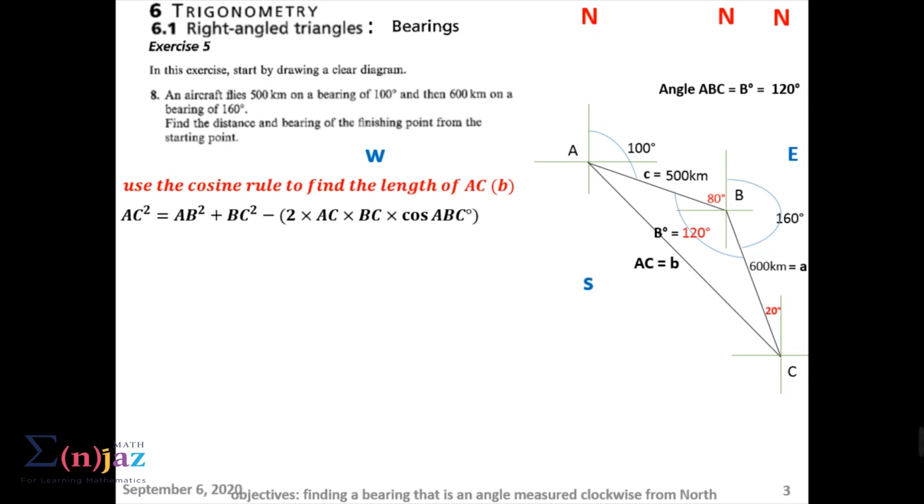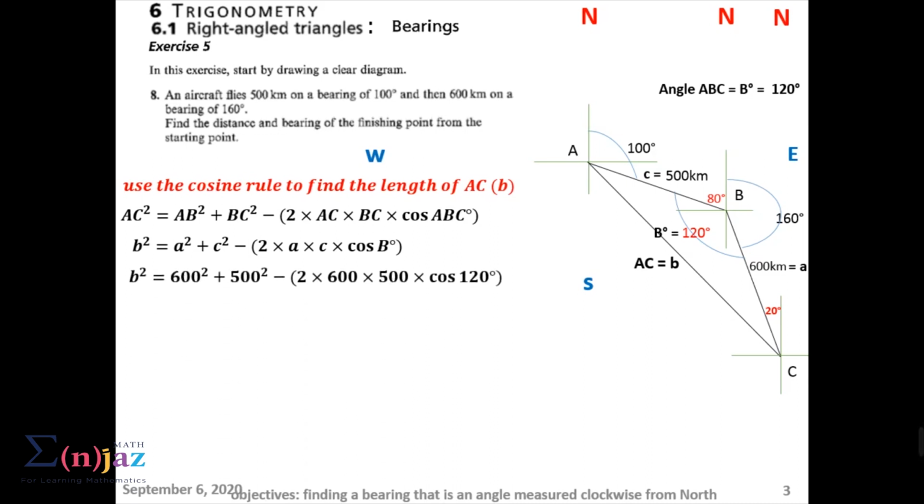To make it easier, AC actually represents small b. So it's b squared is equal to AB, which is c small, squared, plus BC, which is a small, squared, minus 2 times a times c times cosine B.